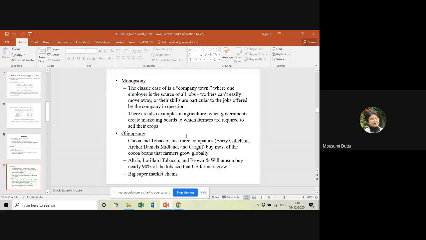Monopsony, the classic case is a company town. In our state, Asansol, Durgapur, all these townships have been developed in that way. A typical requirement of engineers or laborers was related to mines, etc. And therefore, these places were developed like company towns.